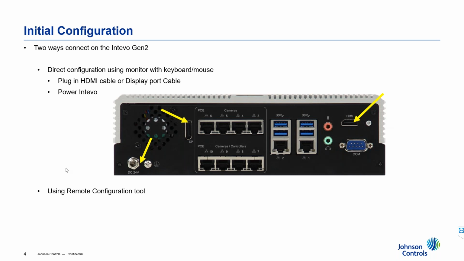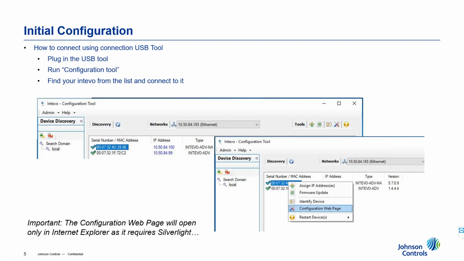It does give you some extra tools in it, but the most preferable one is the configuration tool, which will let you find stuff, which is very easy. You plug in the INTEVO, you run the configuration tool, and this will scan your network for all available INTEVOs. So you plug in the INTEVO, you plug in the Ethernet port in this case, because you do need an Ethernet at a minimum.